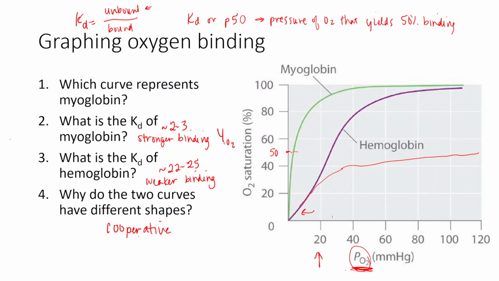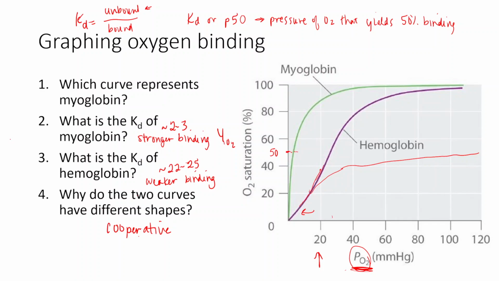This is not a great curve, but you get the idea that it's overall shallower, there's not super strong binding, and you never get to full saturation. But once one subunit of hemoglobin binds an oxygen, it makes the other ones more likely to bind. They want to bind. And so the curve will start to get steeper and resemble this.